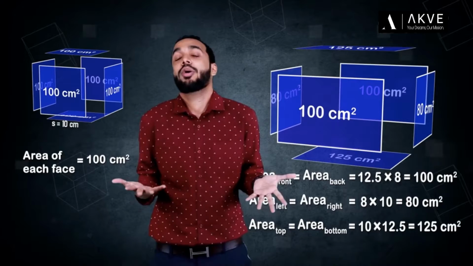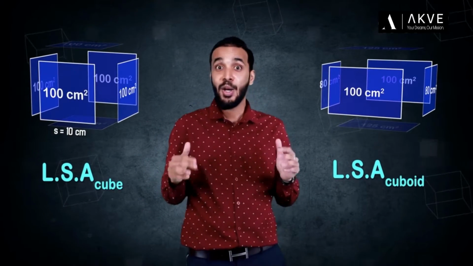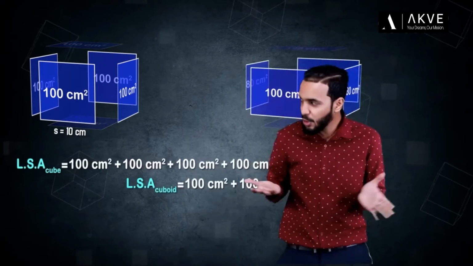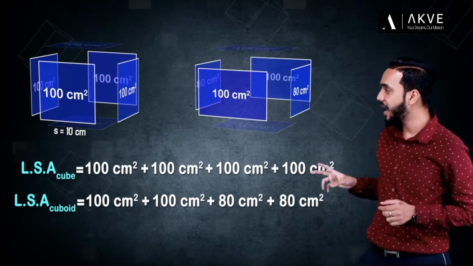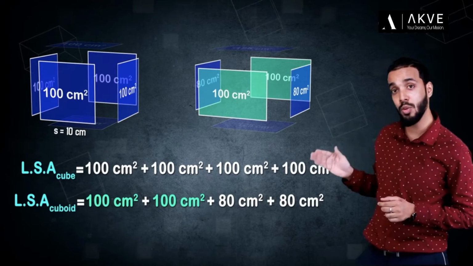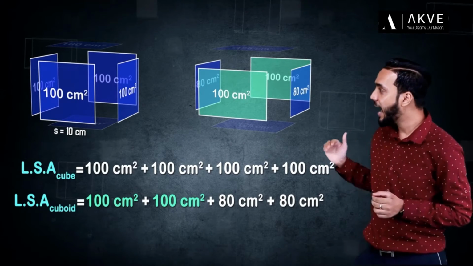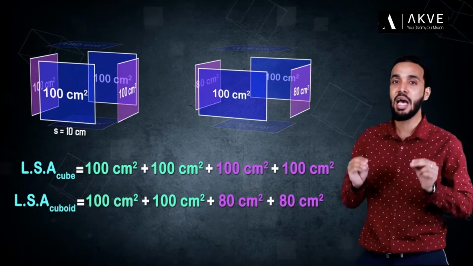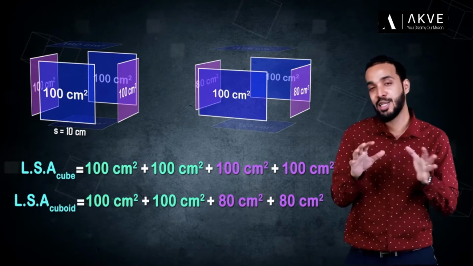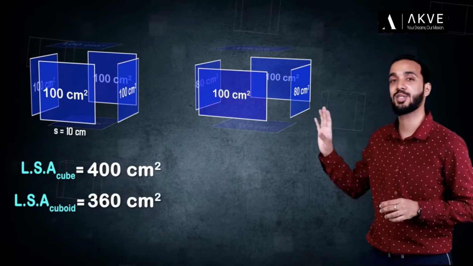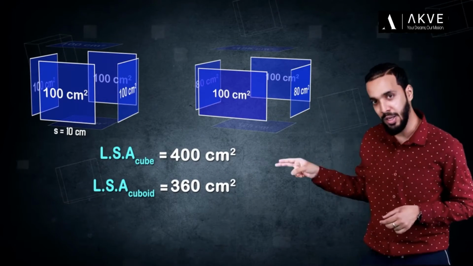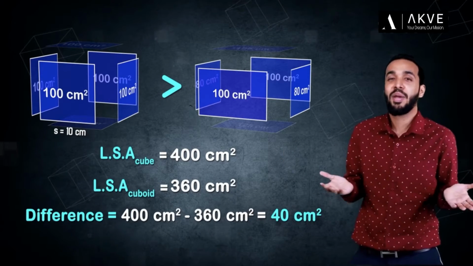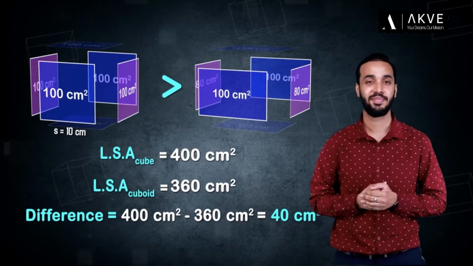Now, when we are talking about the lateral surface area, we are essentially talking about the four side faces of the shapes, right? And what do we see? We see that two faces of the cuboid have the same area as the faces of the cube, but the other two faces are smaller in area. So, when we add all the areas together, we see that the cube gets an advantage of 40 square centimeters because of these two faces.